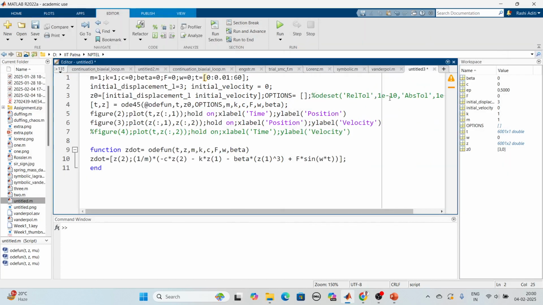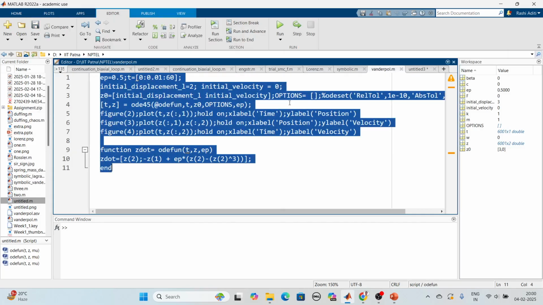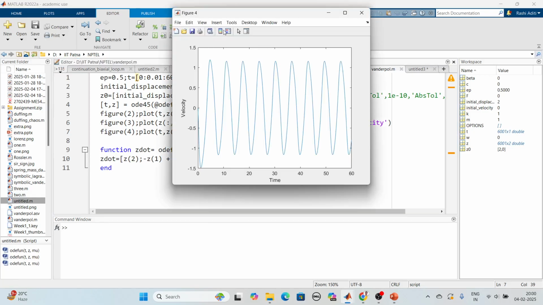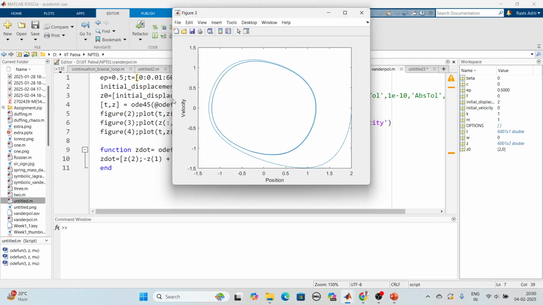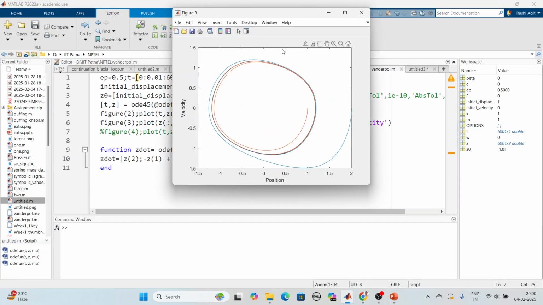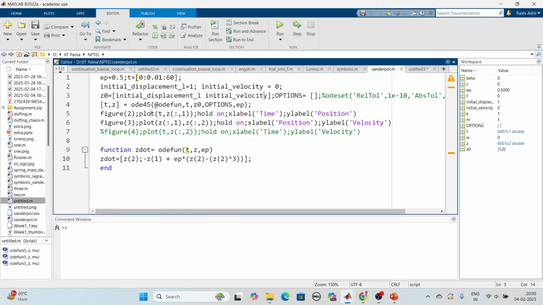While in case of my Van der Pol equation, there is something very interesting. My system response is actually not dependent on the initial condition. If I change this initial condition to 1 comma 0, see, it is again coming to the same periodic response.